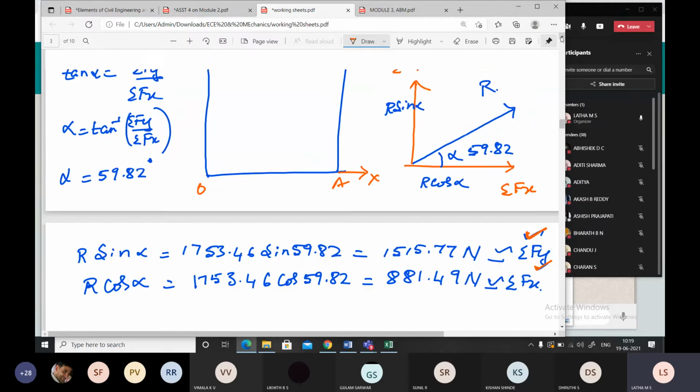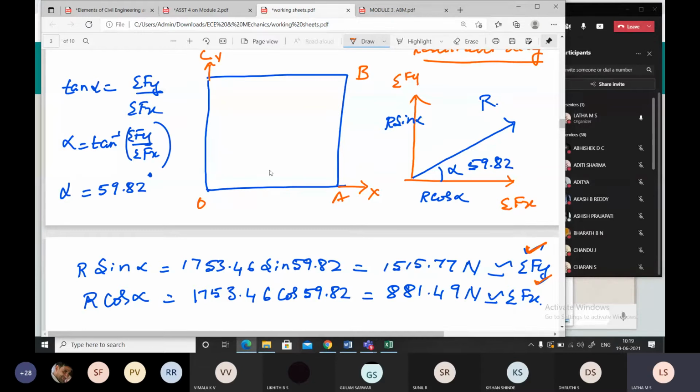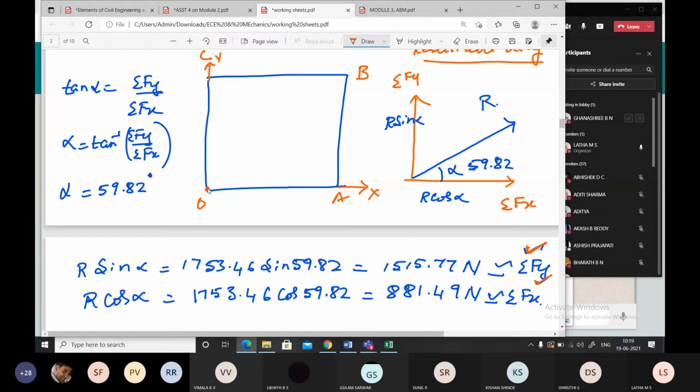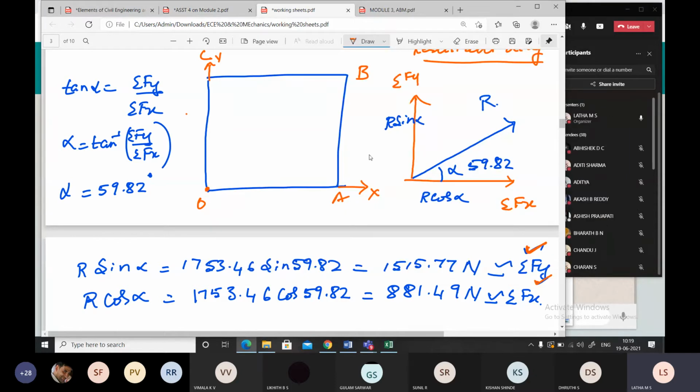Now, coming back to the diagram here. With respect to point O only, I should start with the calculation of the resultant distance, because the origin of the x and y axes is at point O only. So, students, I'll just replace this resultant here.